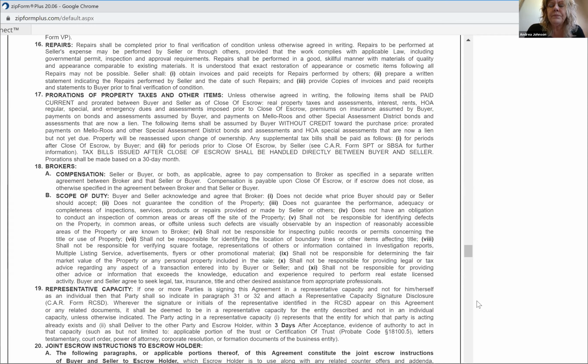You would say in your addendum, seller shall credit buyer, if they have the 4,000 from before and 2,000 more from their repair request negotiations, $6,000 toward buyer's recurring and non-recurring closing costs at close of escrow. This credit is in lieu of and replaces any previously agreed upon seller credit. So make sure that it is clear that this is not $6,000 in addition to the previously agreed upon 4,000, but it's the total. But do not reference anything about in lieu of repairs in that addendum.